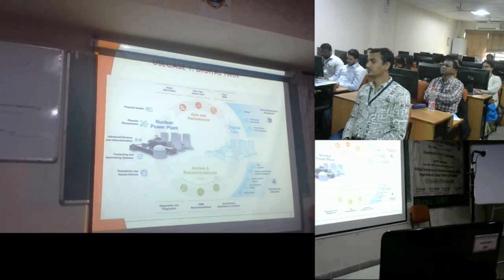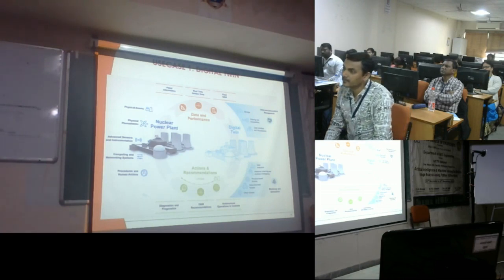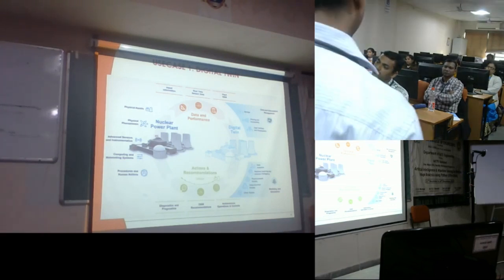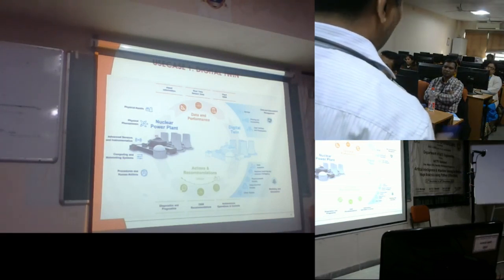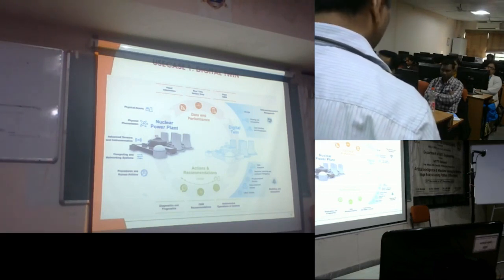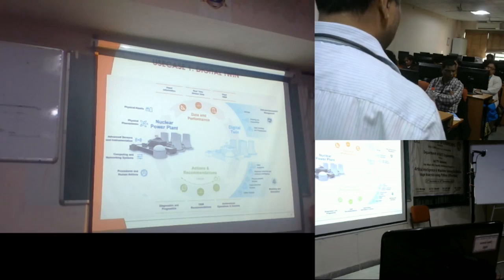So we do have a lot of sensors: flow sensors, pressure sensors, temperature sensors. Those are RTD sensors. Okay, and those sensors are also very interconnected, because it may require getting input from another sensor and throwing output to the other sensor, based on which some processing needs to be done. So some sensors are smart sensors as well.